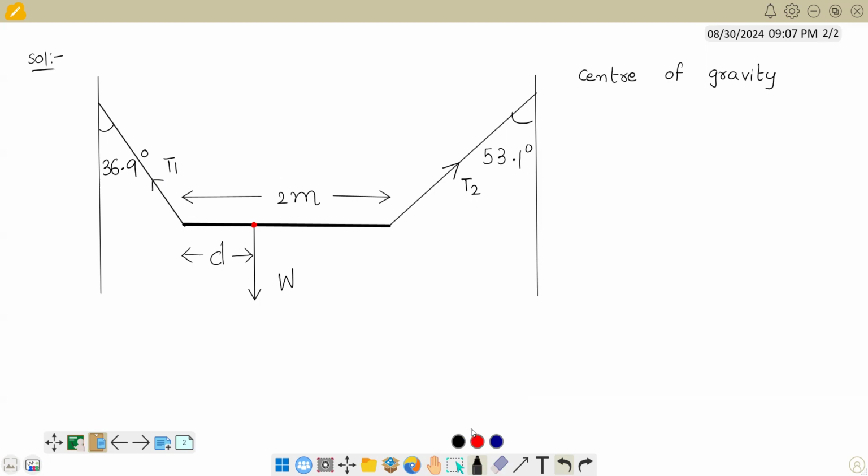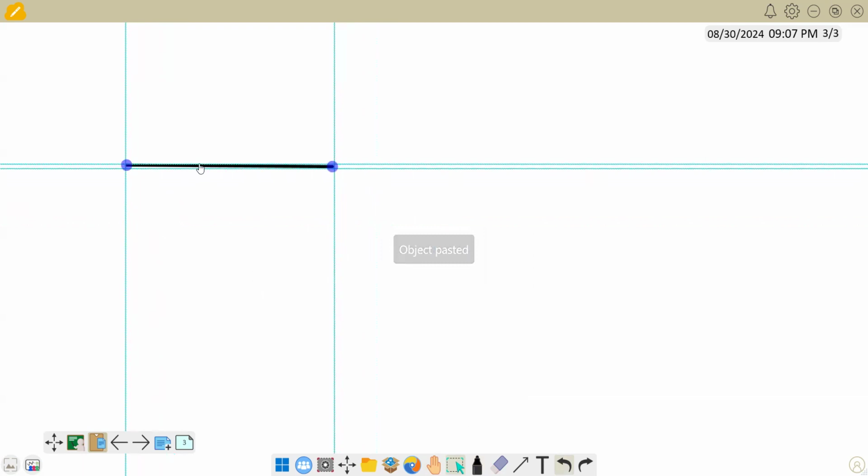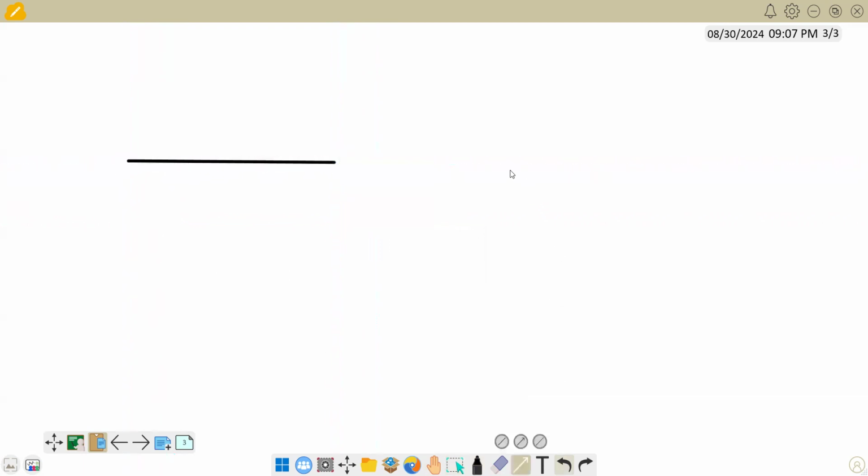Now let us resolve T1 and T2 into components. We'll take this bar and resolve T1 and T2. So this is my T2, and this is my T1.